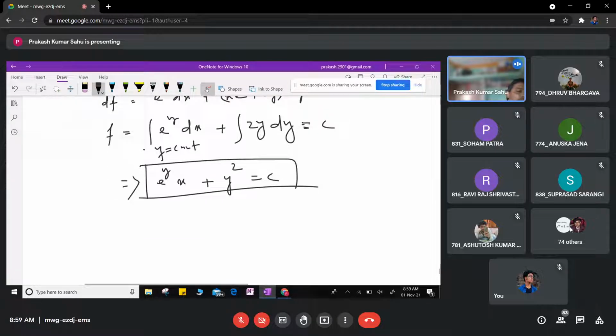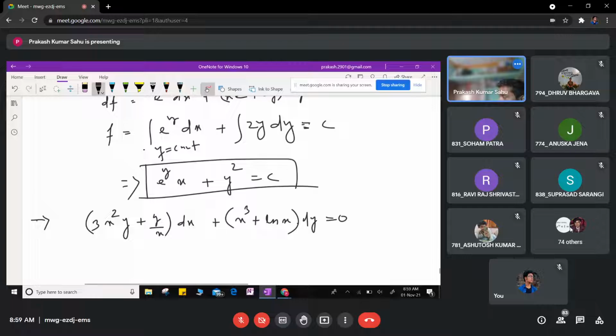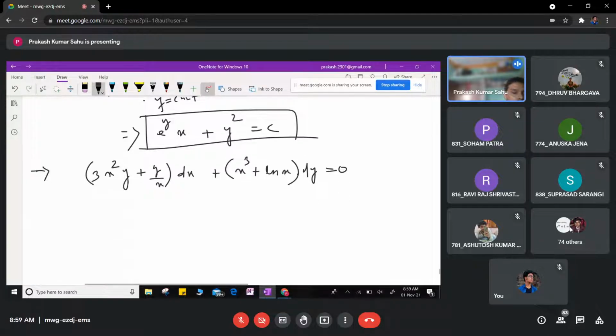Okay, come to the second example. What was the second example? This is (3x square y plus y by x) dx plus (x cube plus ln x) dy is equal to 0. This is also exact, we checked.